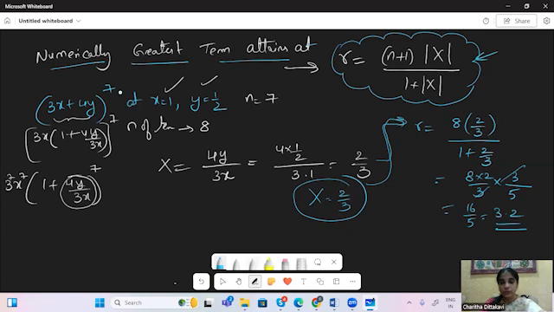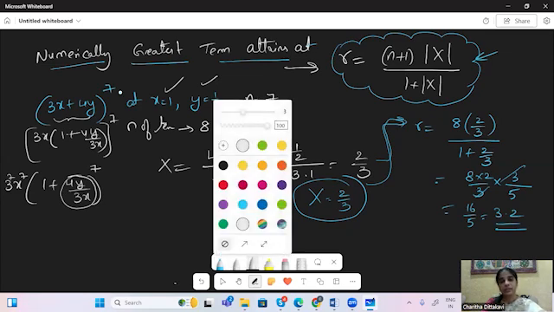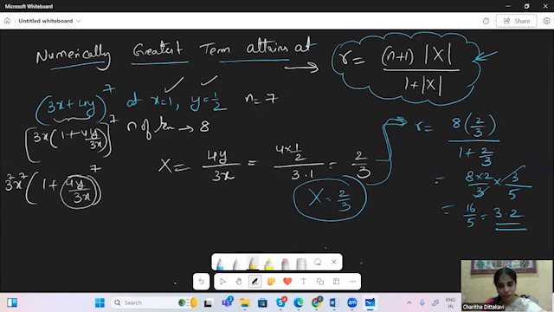Now, observe one thing. When your answer r is in decimal, which means it is not an integer, remember two cases. If r is not an integer, you have just one middle term, that is nothing but the integral part of r.